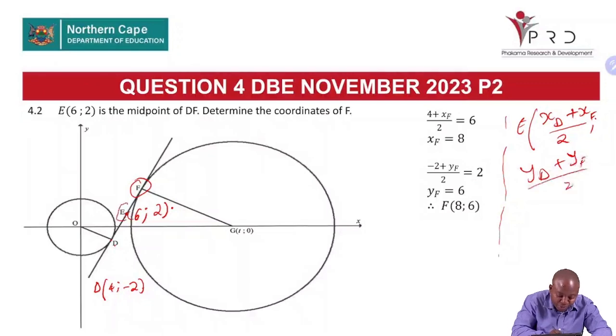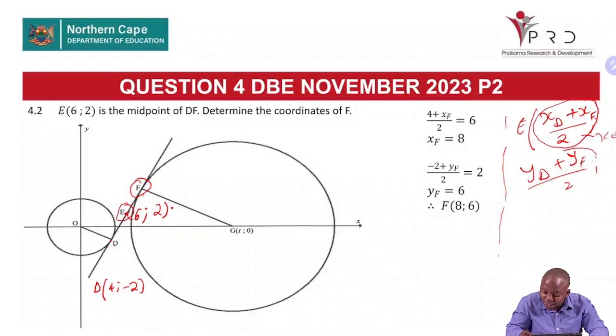That is how we find the coordinates of E. The first one gives us the X coordinate of E, and this will give us the Y coordinate of E.